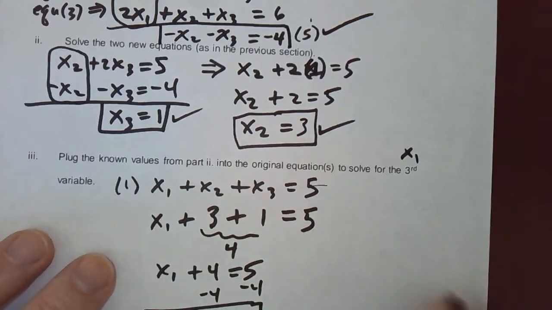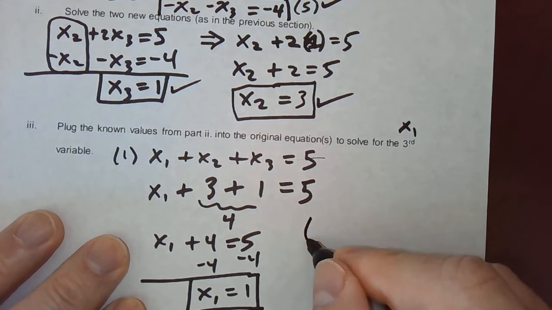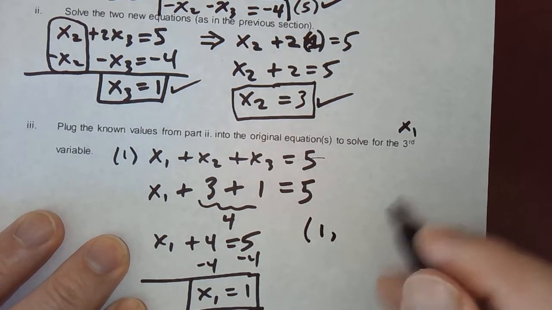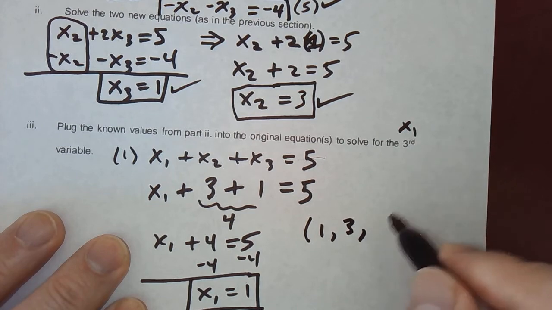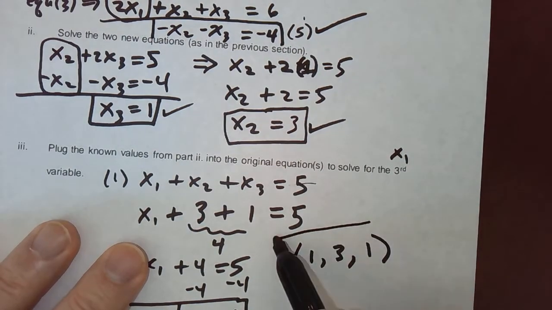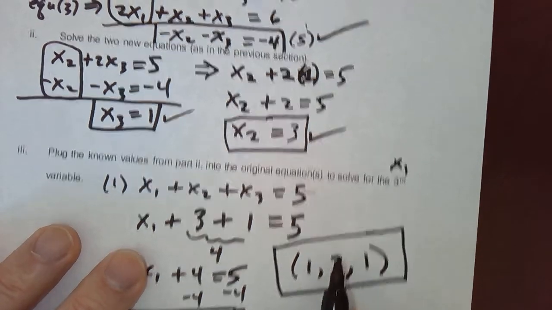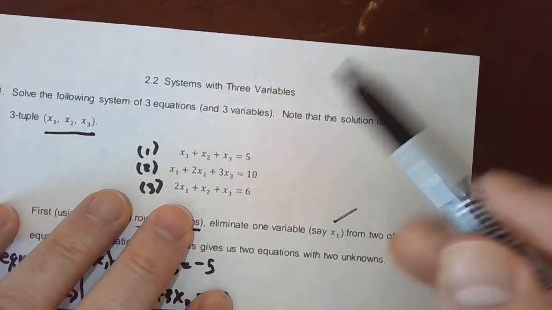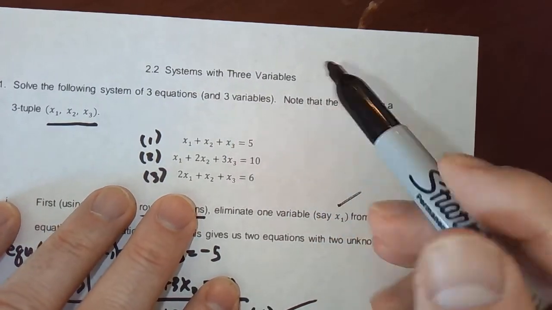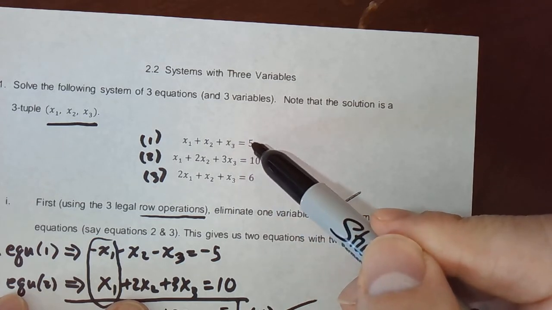Okay, so our final solution, written as a 3-tuple, would be x1, which is 1, x2, which is 3, x3, which is 1. Now, it would be wise to go plug in 1, 3, 1 into all three of the equations. It's easy to see that equation 1 is satisfied because 1 plus 3 plus 1 is 5.